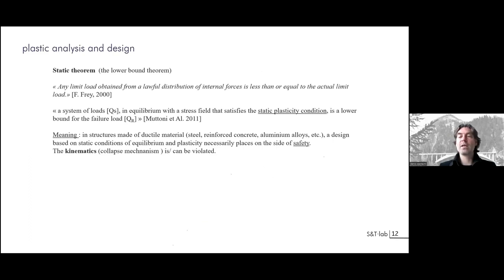So it provides you a lower bound to the failure loads of a system. And the meaning is that as soon as you develop a design under plastic analysis, you will be able to provide a safe solution, and that's the point.